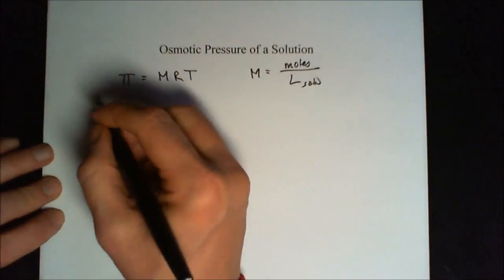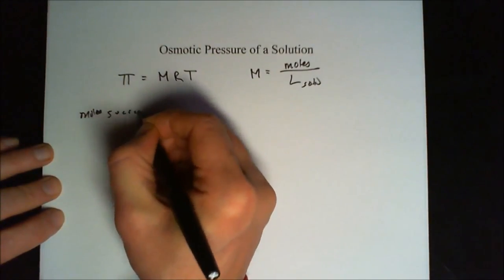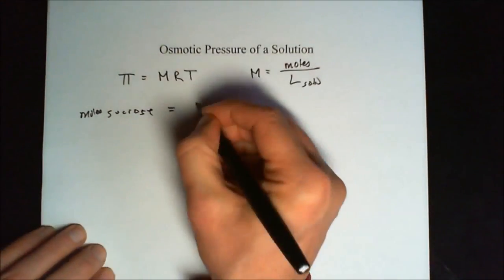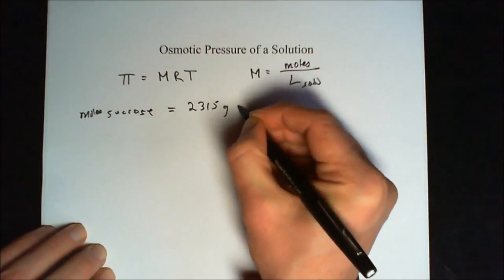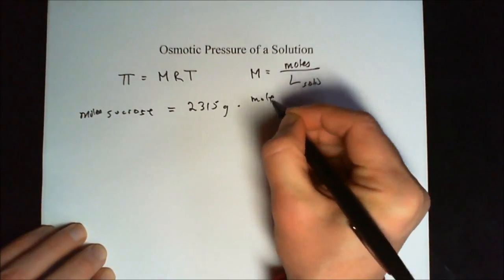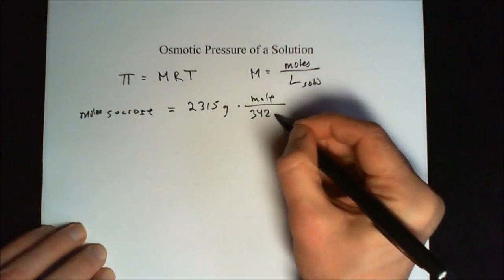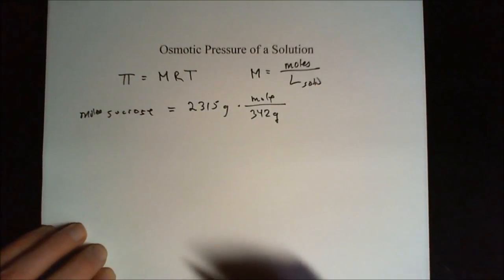So first off, let's just get our moles of sucrose. And that's equal to 2,315 grams times moles per gram. It's 342 grams per mole for sucrose. That's the molecular weight.